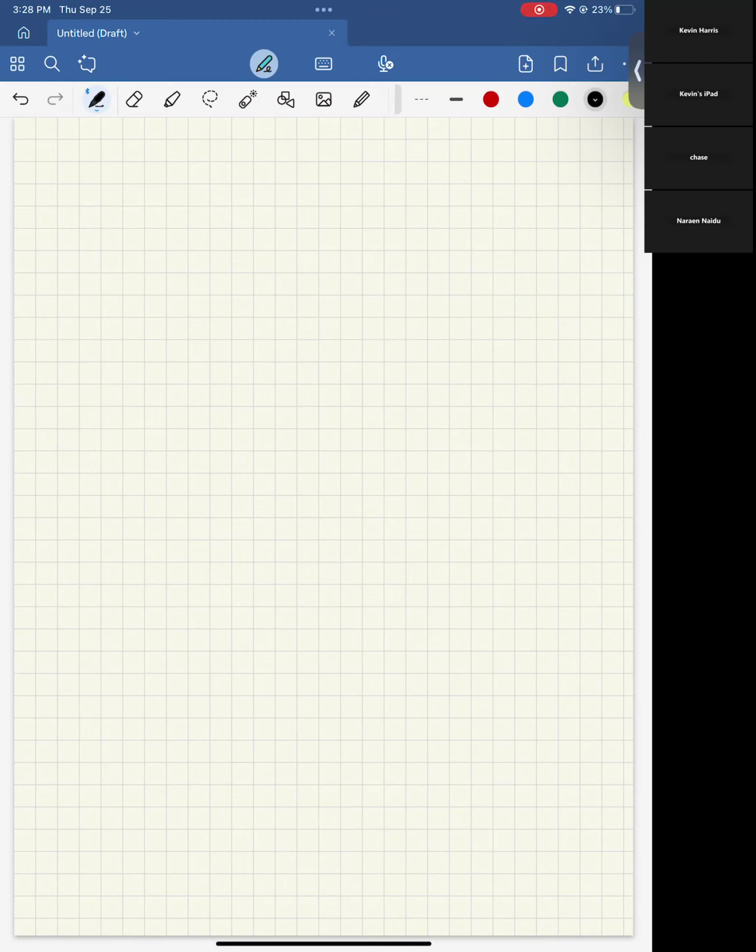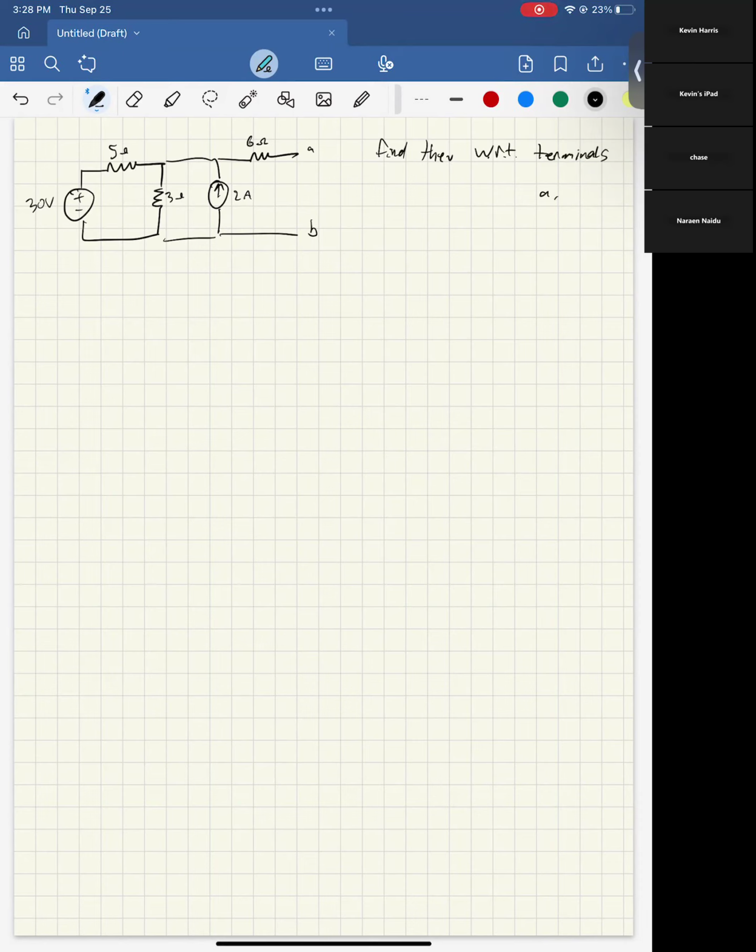So start with this one. Okay, so it's find the Thevenin equivalent with respect to terminals A and B. So for this, what we need to do first is find the VTH.